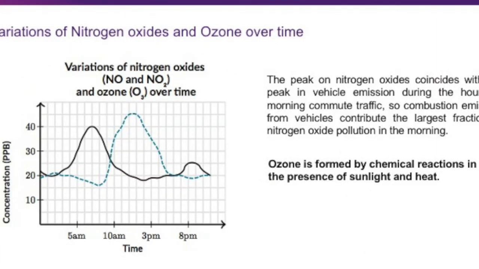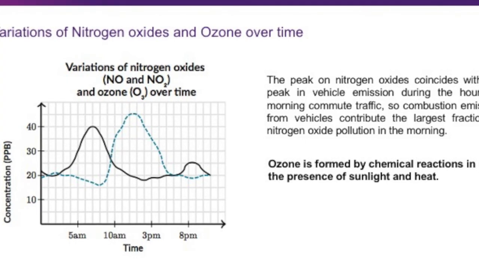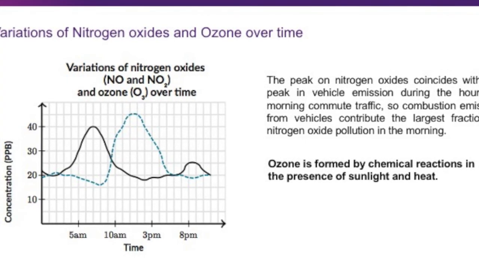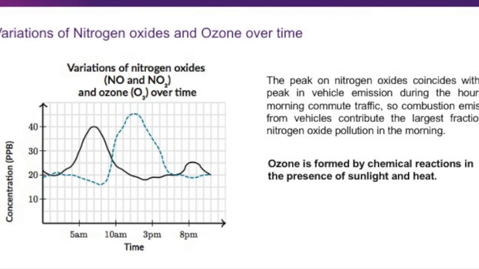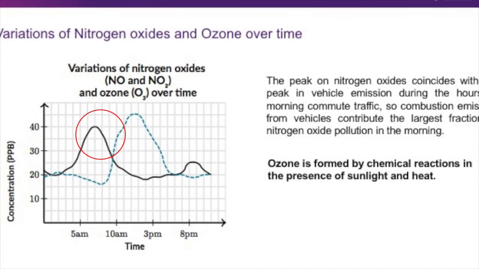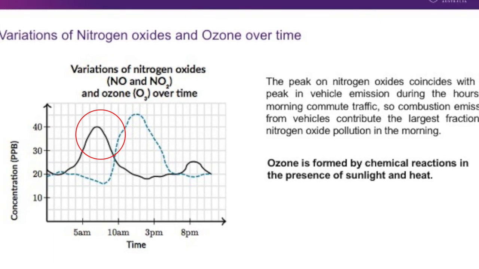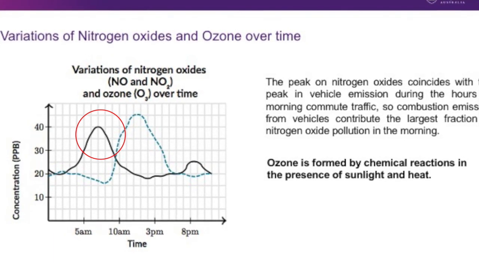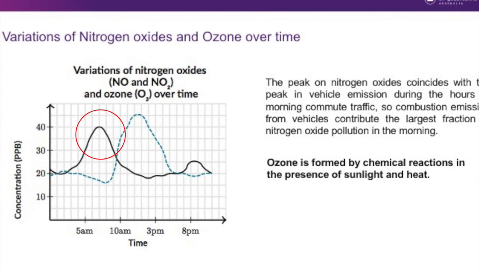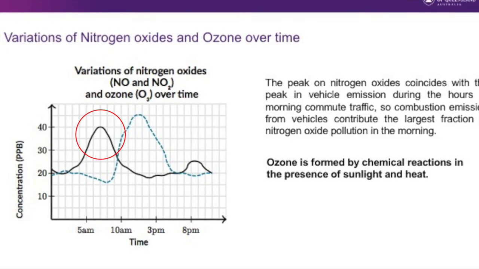This figure shows the optimal times for the formation of ozone in the ambient air. You can see that in the morning there is a high increase in vehicles and traffic that releases NOx, and this occurs mainly in the morning.